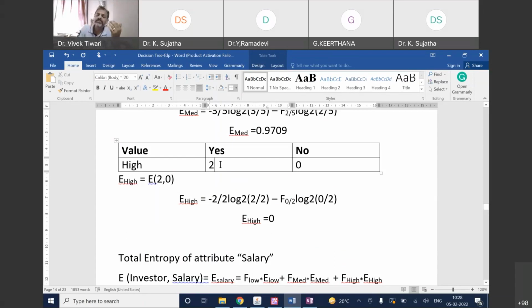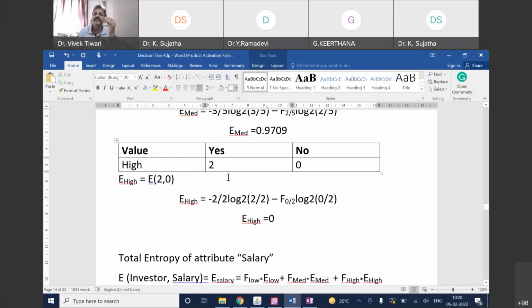So why do I need to check their marital status? Whether they are married or not doesn't make any difference. Whether the person is male or female doesn't make any difference, because for all the observations in the data set where income is high, they invest. So there is no confusion.